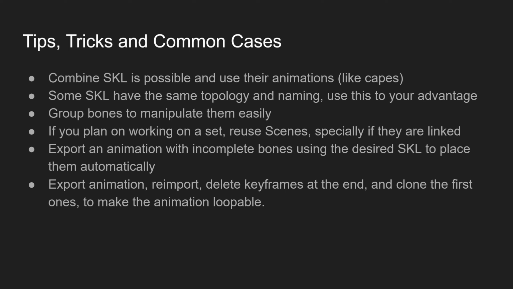And this is the last tip, which I already showed you, to make the animation loopable, in the case of the cape animation, but not only, just to make an animation loopable or consistent with the next animation. Export the animation, re-import it, delete the keyframes at the end, clone the first ones to make the animation loopable.